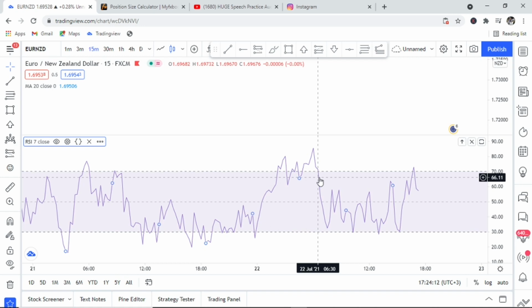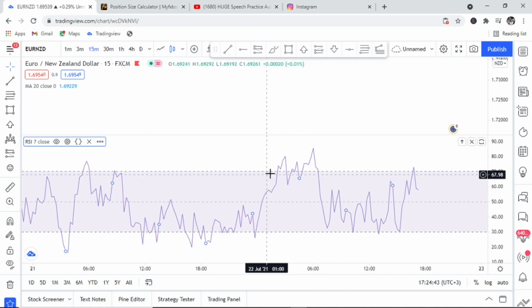When price is overbought, it means that price came up very quick and there is a potential that it may be overpriced. Since the price might be overpriced, there is a high chance that it may drop back down. So when price is overbought, that is a good time to be looking for your sell, since there is a likelihood that there is going to be a huge sell-off. So that is for the overbought.